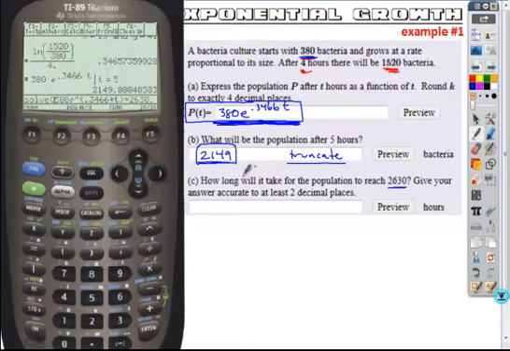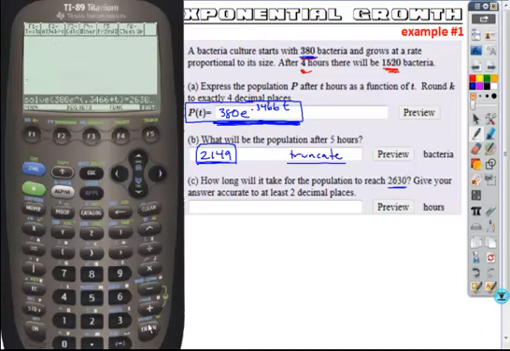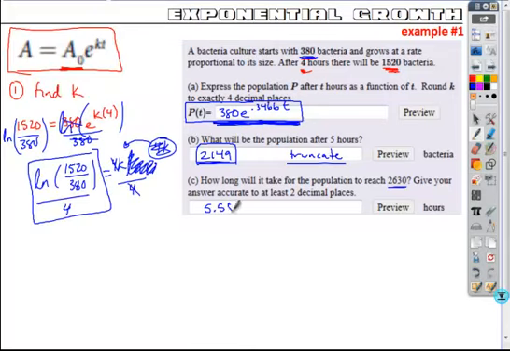So I take my 380 times e to the power of 0.3466t, set it equal to the goal population, and that's going to give me my value of t, the time it's going to take, and that would be approximately 5.58 hours for my population to reach 2630.